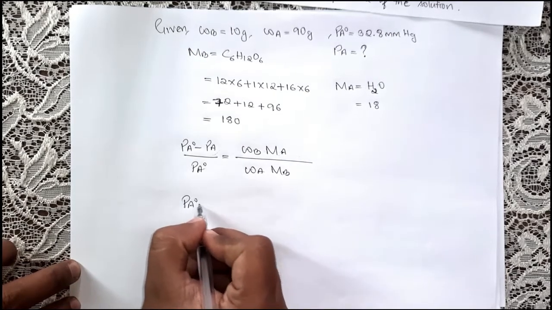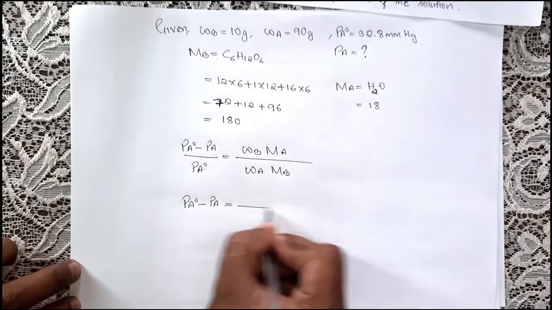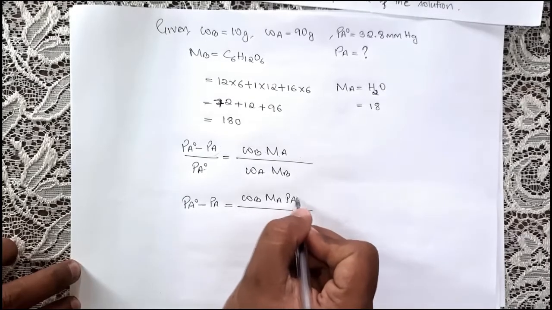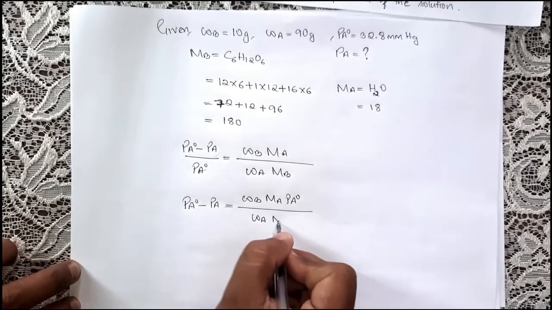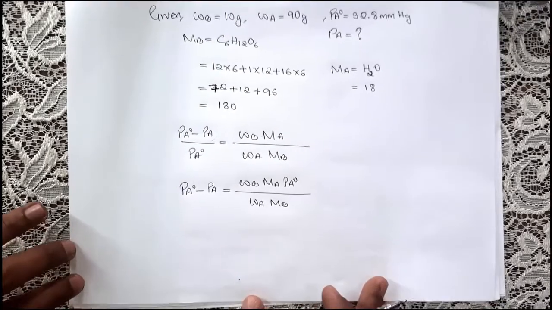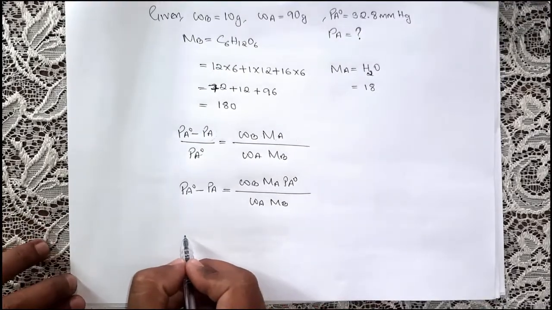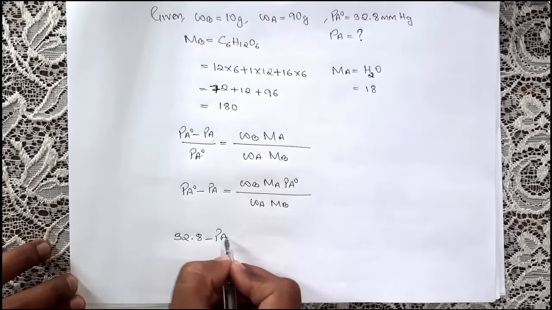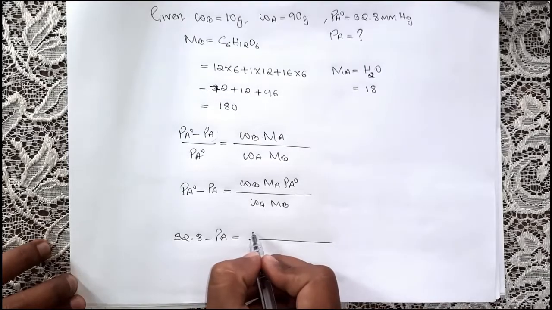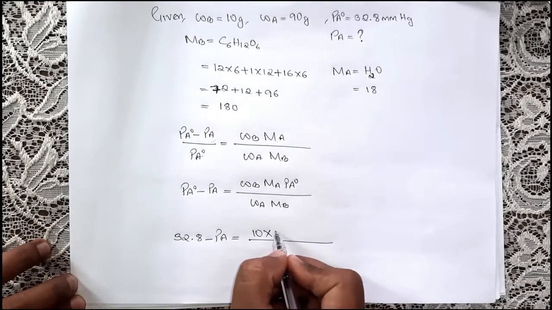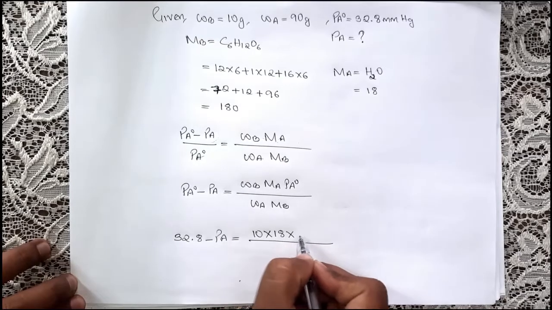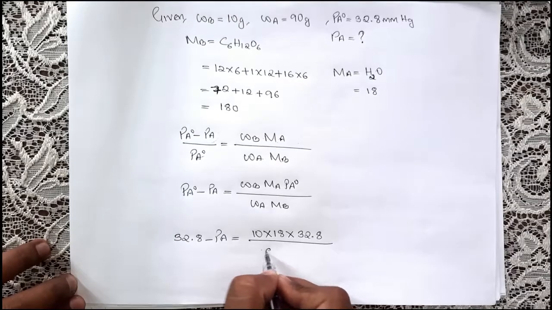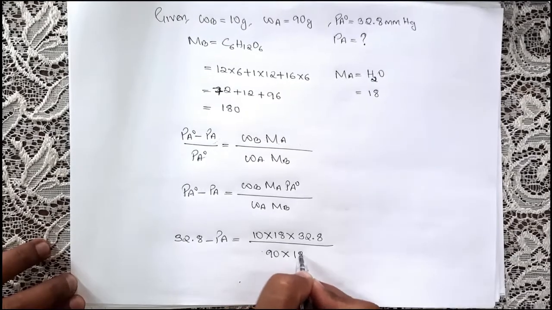So I can write PA naught minus PA is equal to WB MA PA naught by WA MB. So I will write down the values now. PA naught is 32.8 minus PA, and WB is 10, MA is 18, PA naught is 32.8, WA is 90, MB is 180.